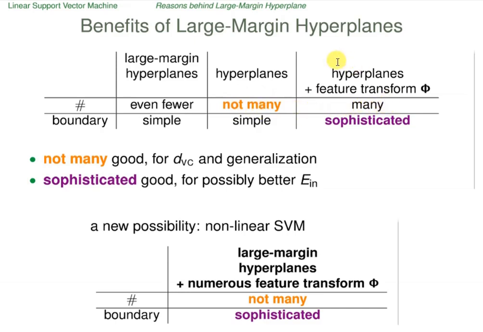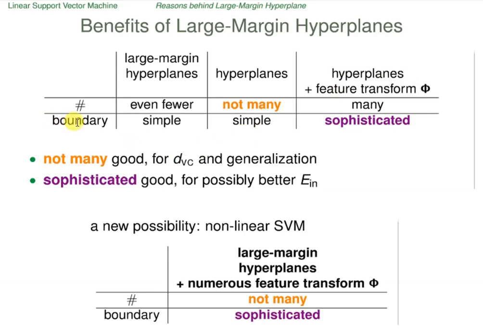While hyperplanes combined with nonlinear transformations result in many possible hypotheses. We can obtain many hypotheses that provide small in-sample error.